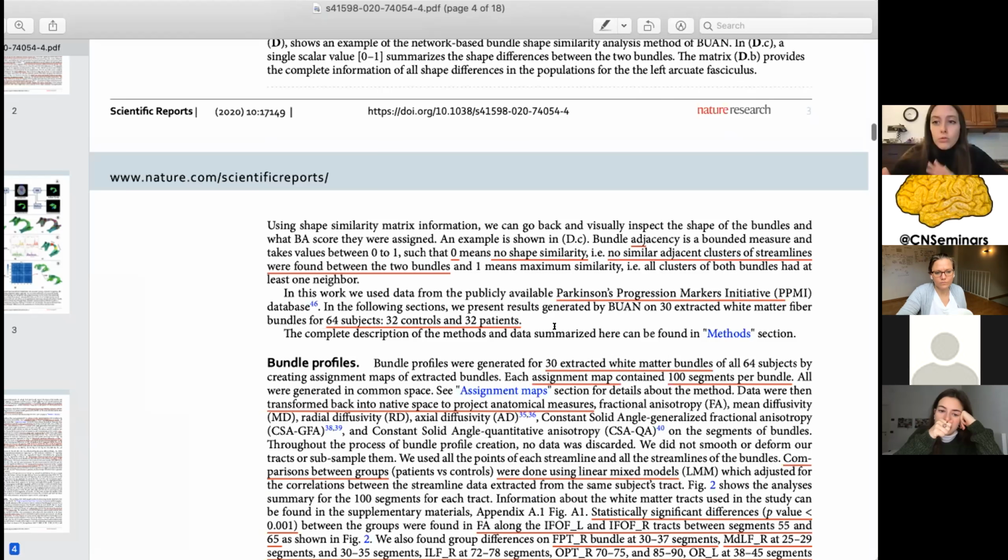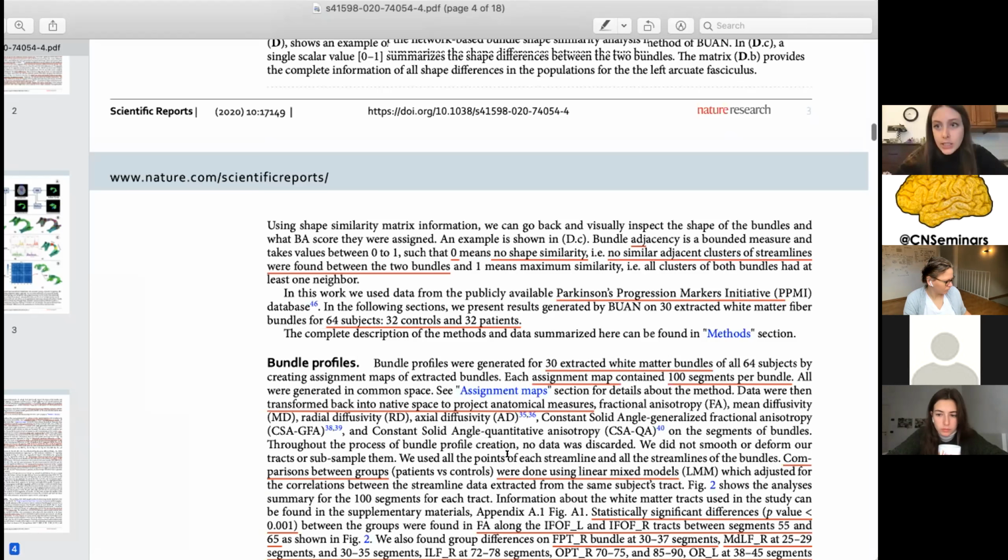According to the first and second steps of the tool, they extracted the bundles from the whole brain tractograms of the participants, and then they segmented these bundles with the assignment step, as I call it.